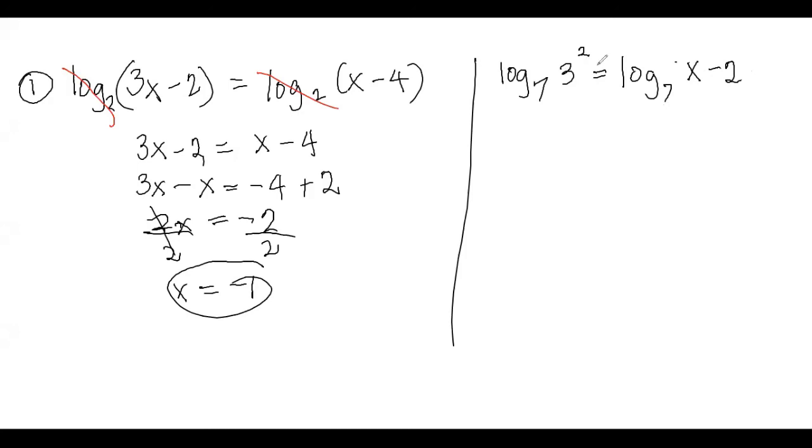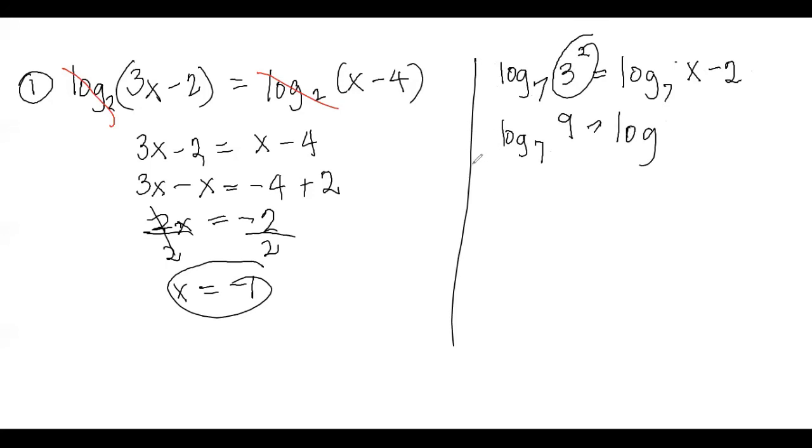Kunwari class, meron tayong exponent doon sa product natin. Class, wag niyo siya ibababa, para madali nating ma-solve. Instead, dito niyo na lang siya ipagsama. Ano ba yung 3 squared? So, logarithm of 9 siya, di ba? Wag niyo na siya ibababa kasi mahihirapan tayo later. Saka din natin ma-cancel yung log.